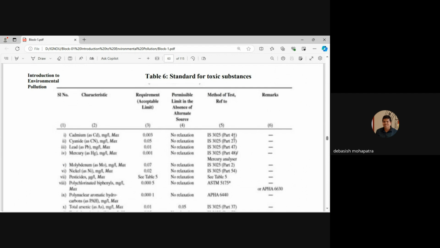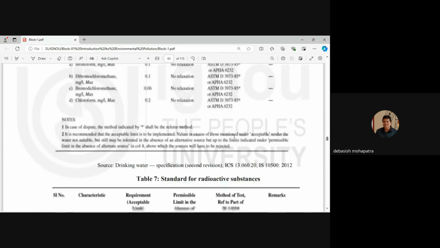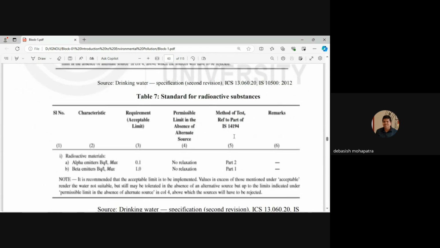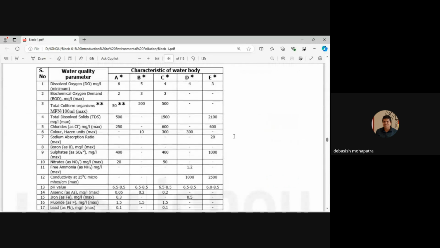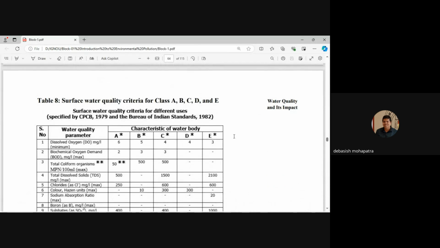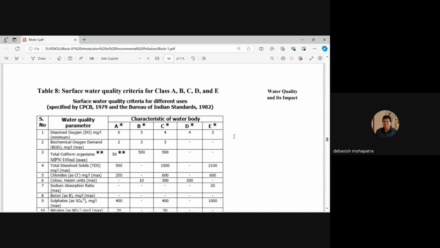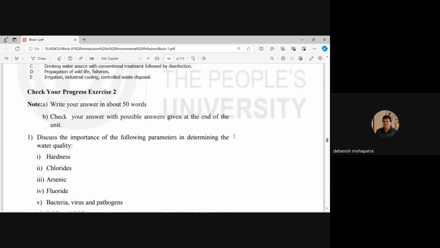Then toxic substances, how much should be and should not be there. Surface water quality criteria plus class A, B, C, D, and E.